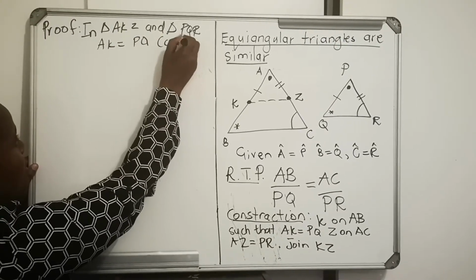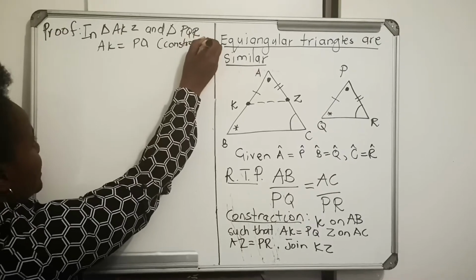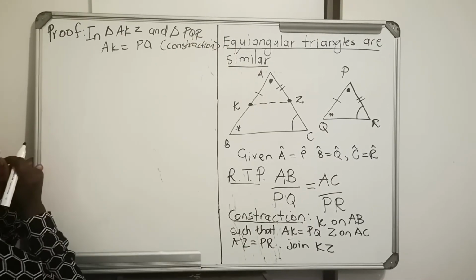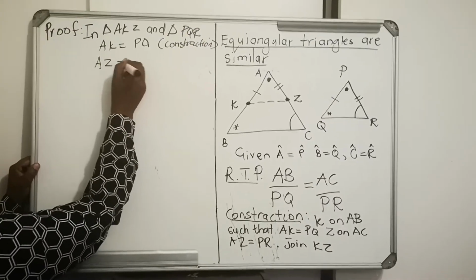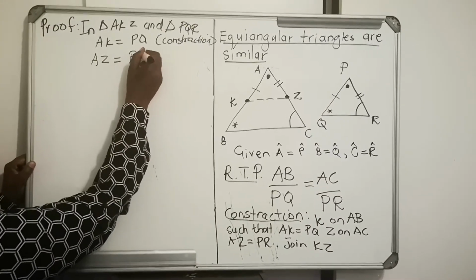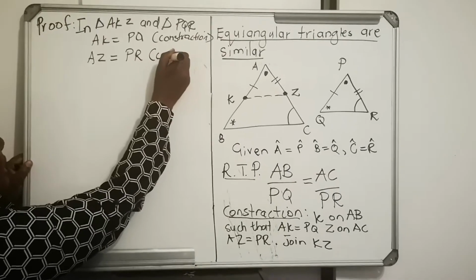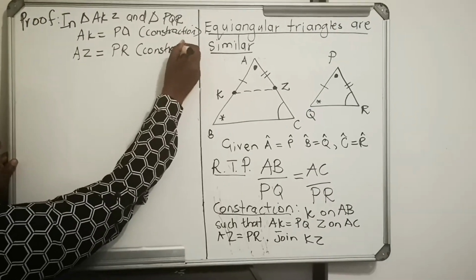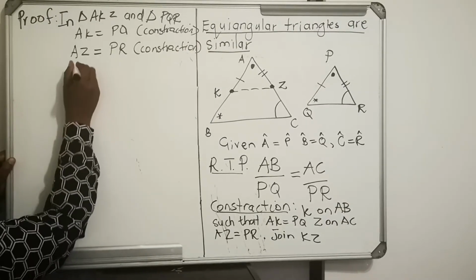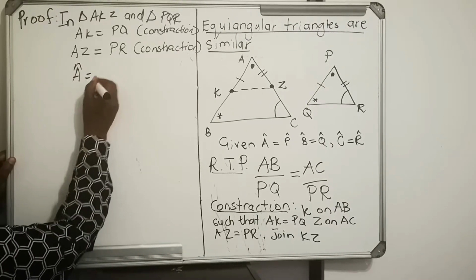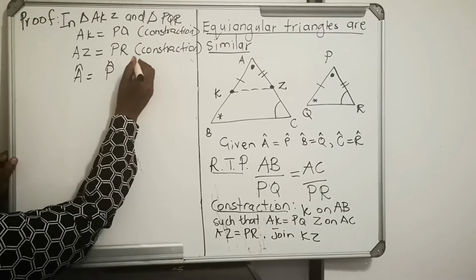Construction. We constructed it like that. We also have line AZ is equal to line PR. Why? We also constructed it like that. And then we have angle A is equal to angle P. We're given that.